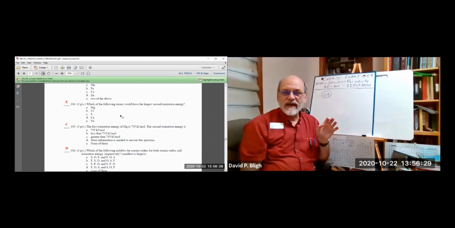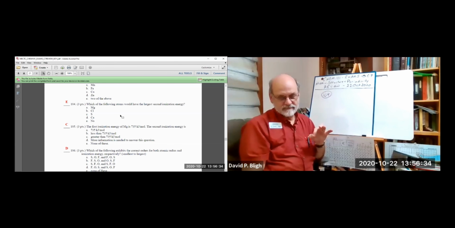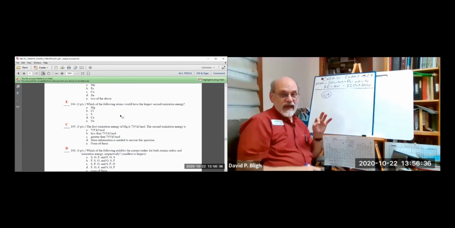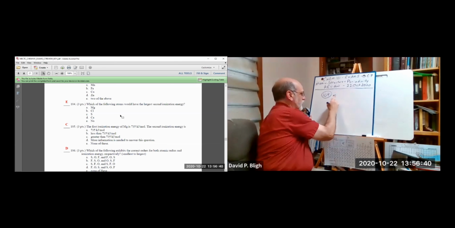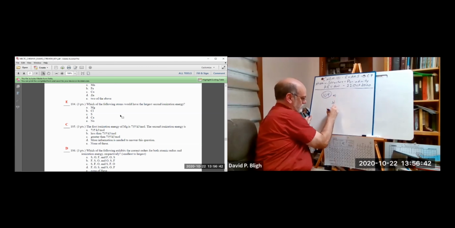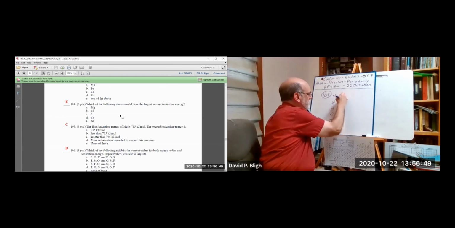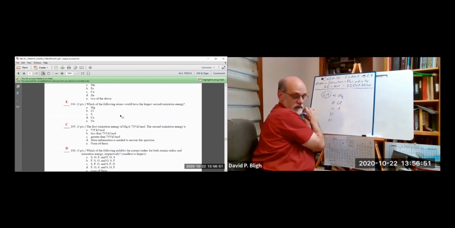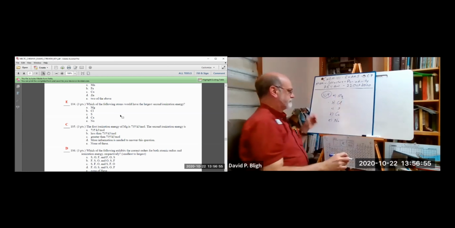Which of the following atoms would have the largest second ionization energy? All right, so let's look at our elements. Let's just put them in order, as they're given. Okay, magnesium, chlorine, sulfur, and calcium, and sodium.